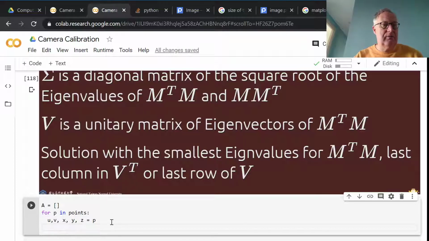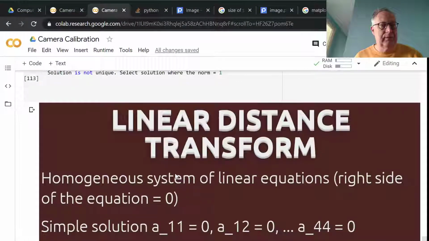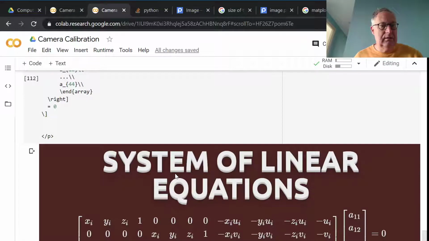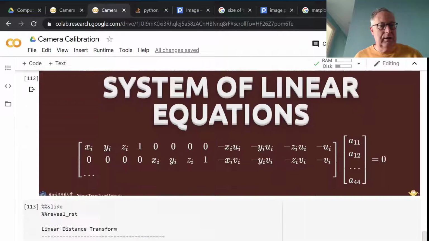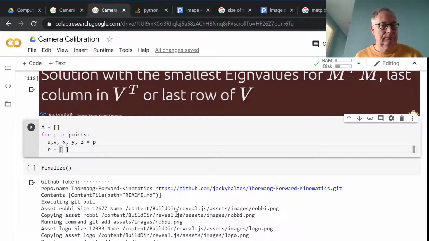P. So then for every point I add 2 rows to my matrix. The first row is equal to a list. And the list will be X, Y, Z, 1, then 0, 0, 0, 0, four zeros.